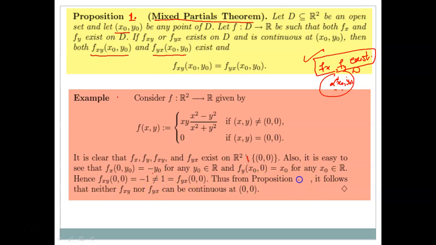Therefore, from the result of proposition 1, it follows that neither fx nor fy can be continuous at (0, 0). So the result of this example follows from proposition 1.